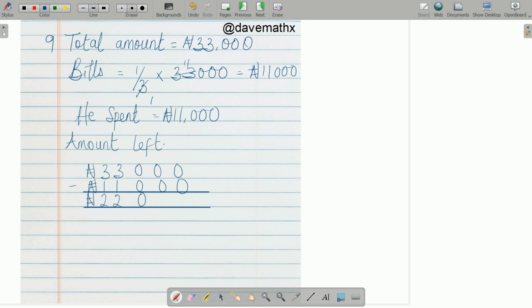We have our answer to be 22,000 naira, meaning the man has a balance of 22,000 naira.